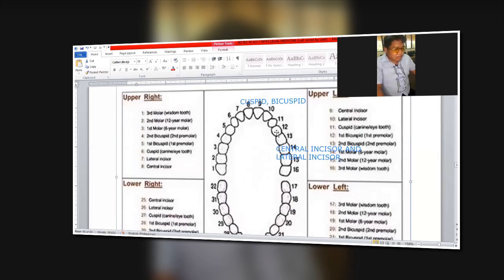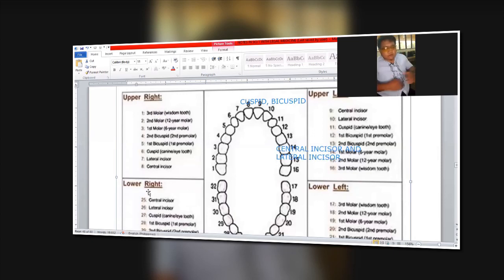Example, name tooth number 12. Then what will be your answer? Upper left, first bicuspid, or first premolar. That is how to answer. Complete it using upper right, upper left, or lower right.